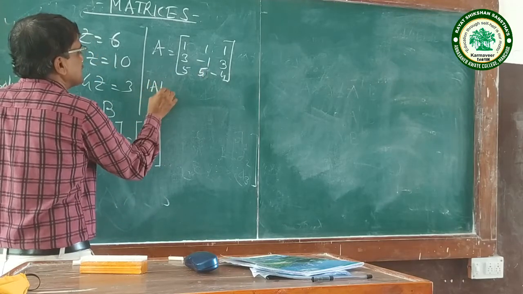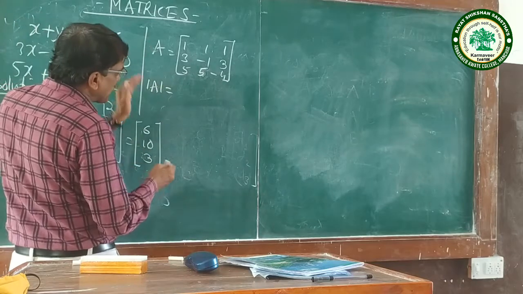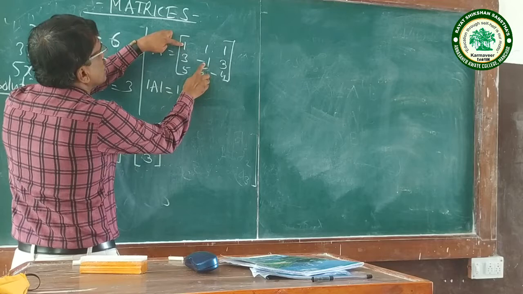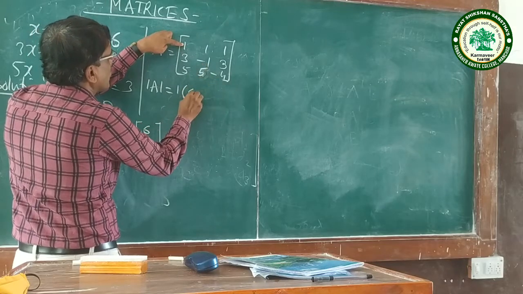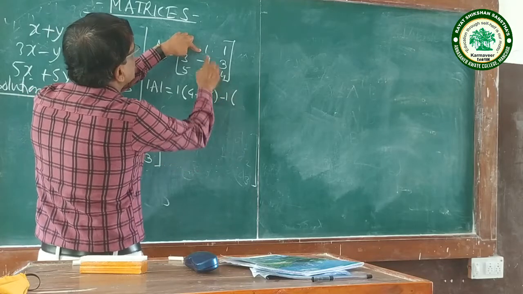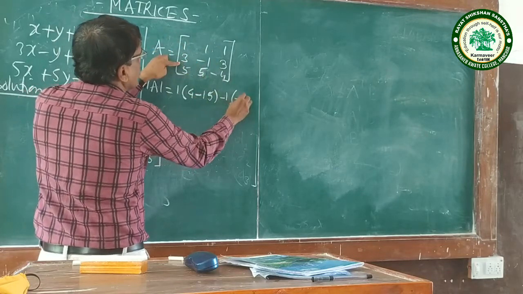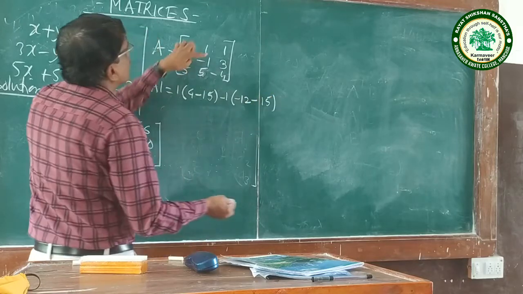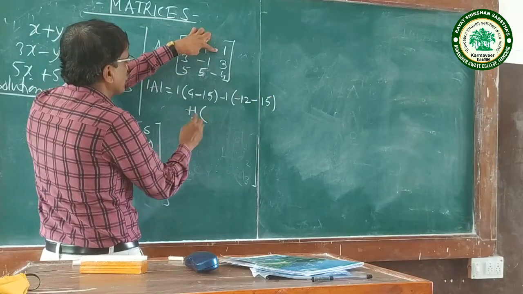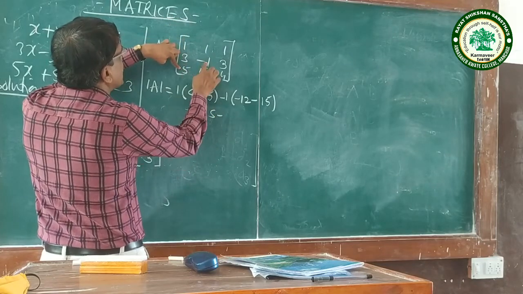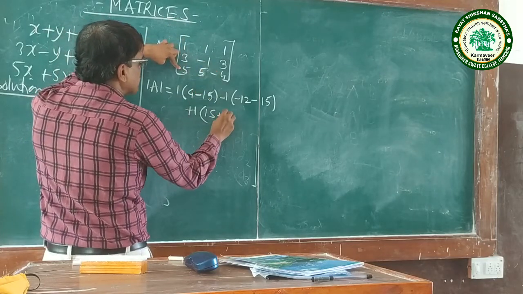So determinant A is equal to 1 into minus 4 plus 15 minus 1 into, change the sign, 3 into minus 4 minus 15 plus 1 into 3 into 5, 15, minus 5 into minus 1, plus 5.